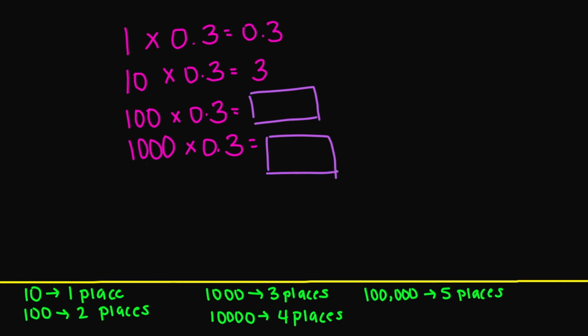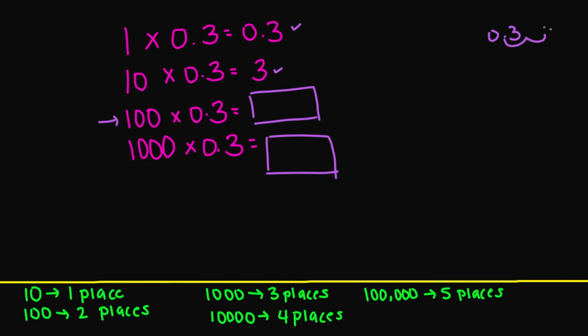Let's look at this example here. I'm going to multiply 0.3 times 1 times 10 times 100 and then times 1,000. So I already got the first one down. We got 0.3. I already got this one. This is 3. I moved my decimal point 1 place to the right, and that's just going to give me 3 as my answer. Now I have to move my decimal point 2 places to the right because I'm multiplying by 100. Let's do it here. If I move it 2 places to the right, that's going to be 1, 2.